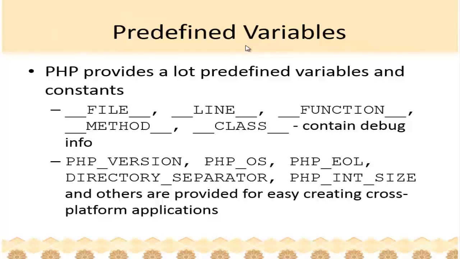You can just ask PHP which operating system it is running on. Or you can even ask PHP what input was sent by the user, and give me all the input. These are built-in variables, and most of them are actually arrays that are provided to you directly so that you can use them.